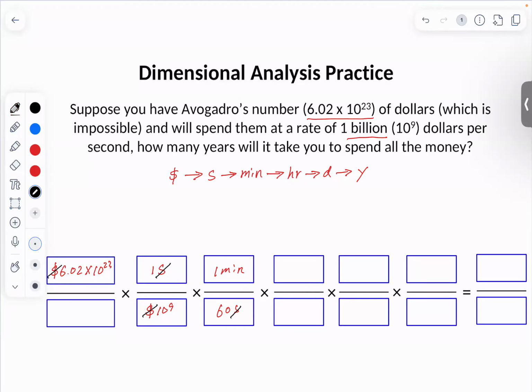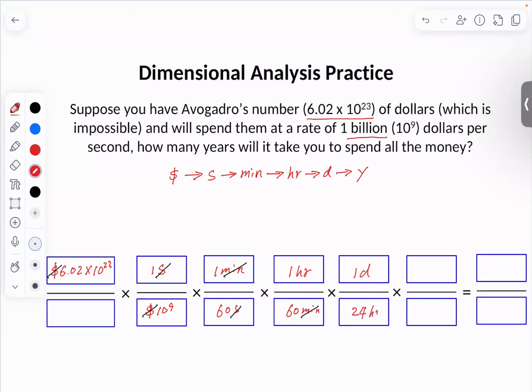Then we convert minutes into hours by multiplying by the third conversion factor, which is 1 hour over 60 minutes. So we can cancel out the minutes to give us hours. Then we convert hours to days by multiplying by the fourth conversion factor, which is 1 day over 24 hours.